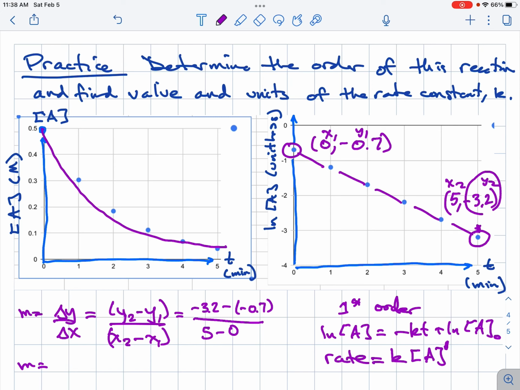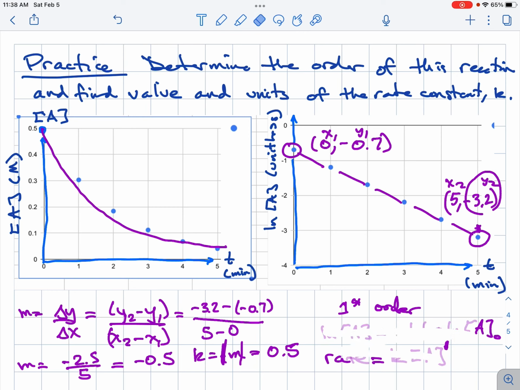So that's negative 2.5 over 5. That I can do in my head. That's minus 0.5. Now, remember from earlier, the slope and the k are negative of each other, so k equals negative of m, so that's going to be positive 0.5. You could also think of this as k equals the absolute value of m. I'm really not fussed either way. Some people get super stressed about this, but anyway.